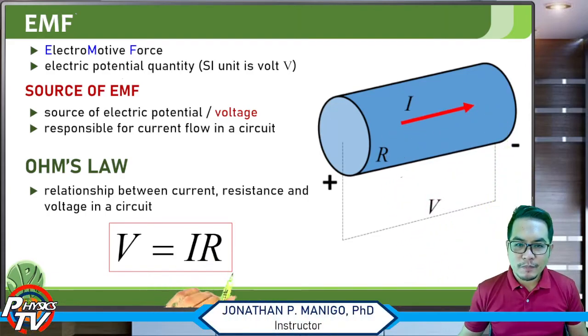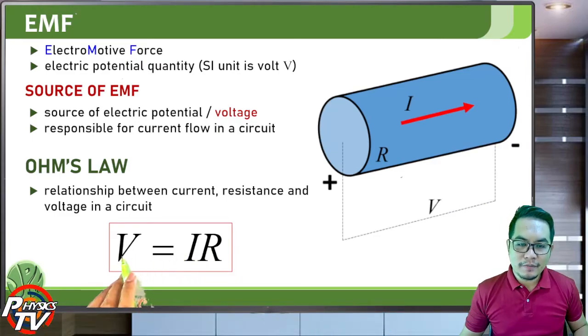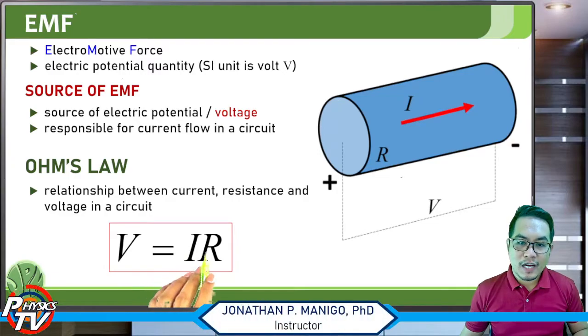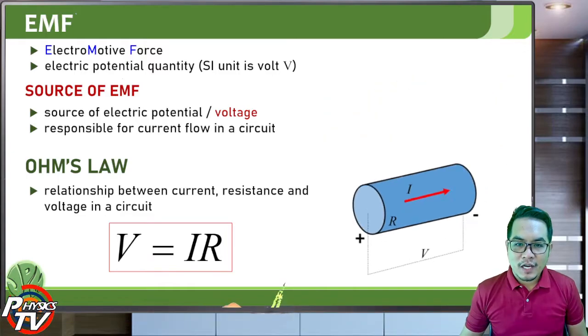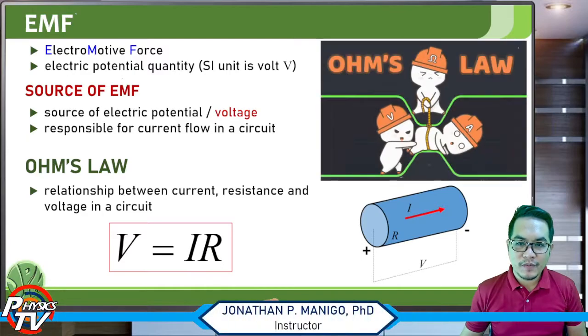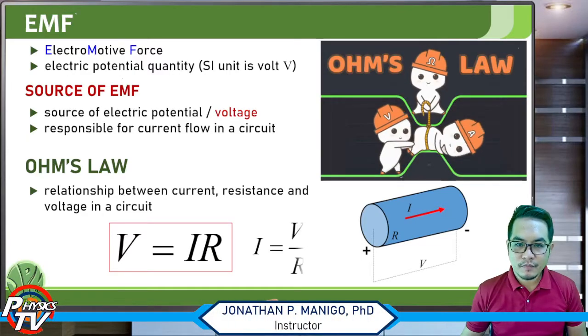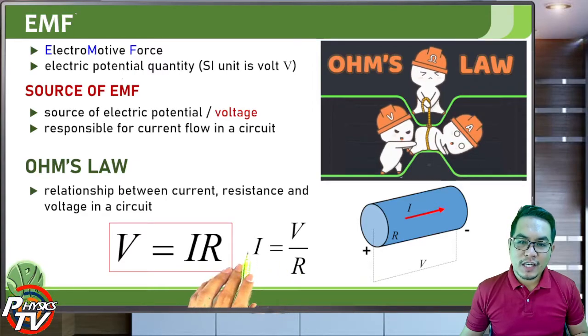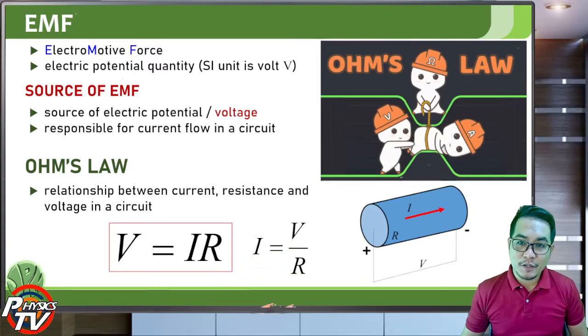The larger the EMF or the larger the voltage, the larger the current. Also, the larger the resistance, the larger the voltage. But current is inversely proportional to resistance. So the larger the resistance, the smaller the current, provided voltage is constant.